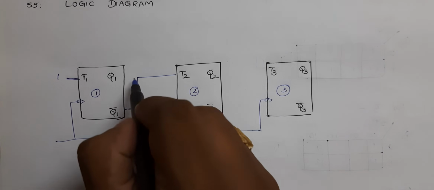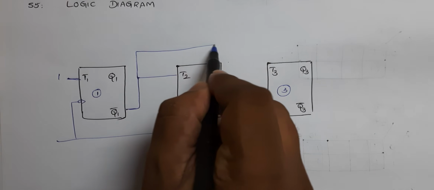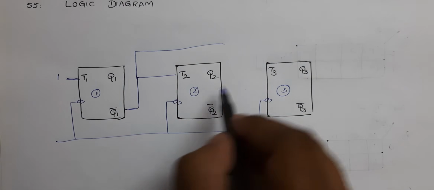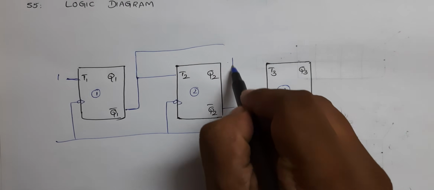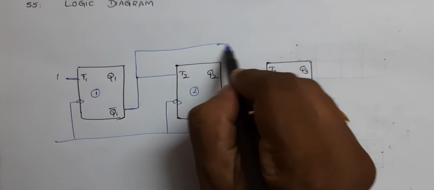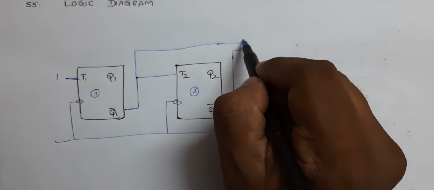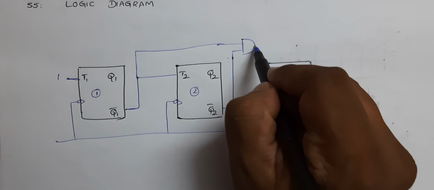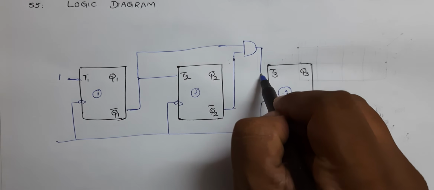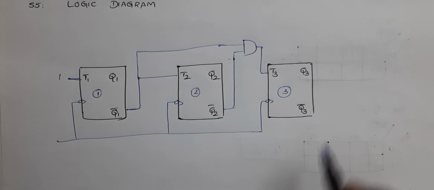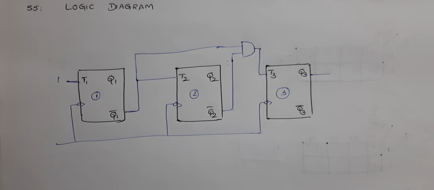So we consider the outputs Q1 bar and Q2 bar, and these two are connected to one AND gate, and that output is connected to the input for T3, and this is output Q3. So this is the 3-bit synchronous down counting logic diagram.